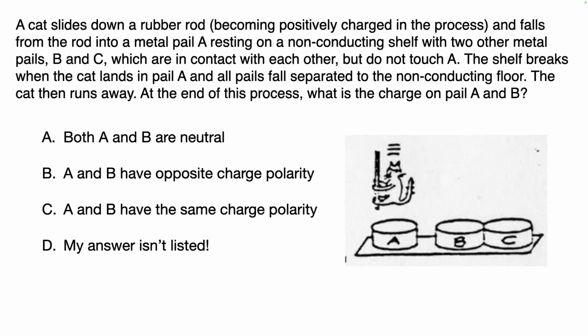2 points. For the purposes of this problem, assume that the cat is positively charged after it runs down the pole. Oh, I said that in the problem. Good for me.